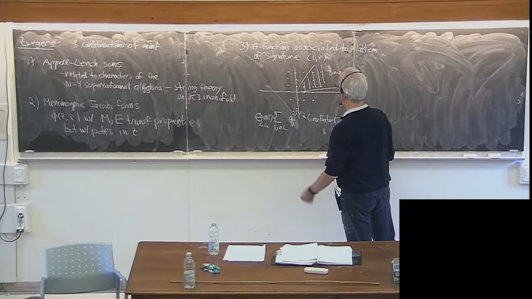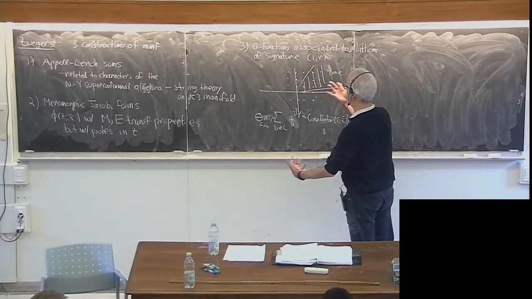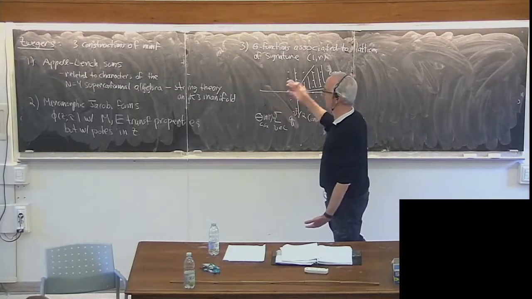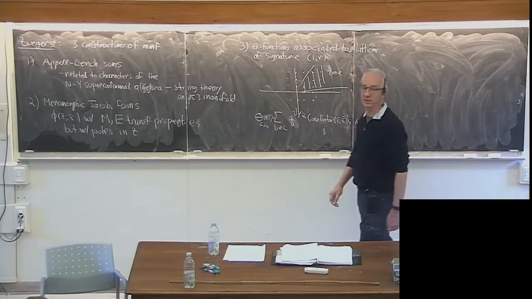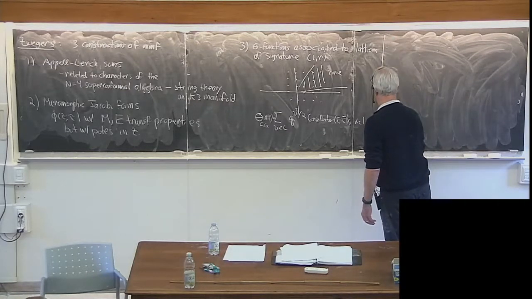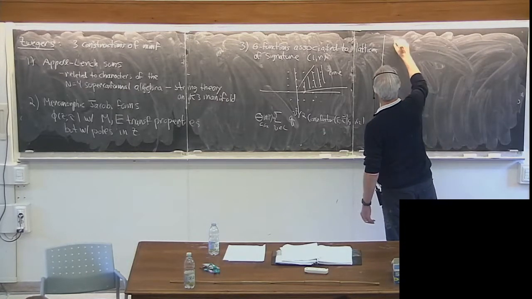So I'm not going to give the details of this either, but he has these three different constructions, and he uses all of them, and sometimes there are Mach modular forms which can be formulated in any of these three different ways.